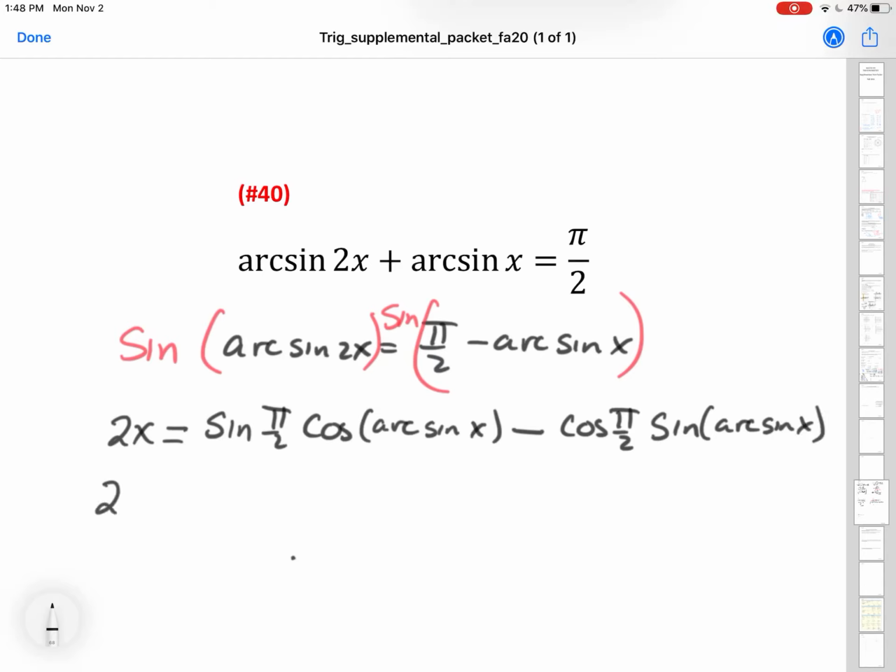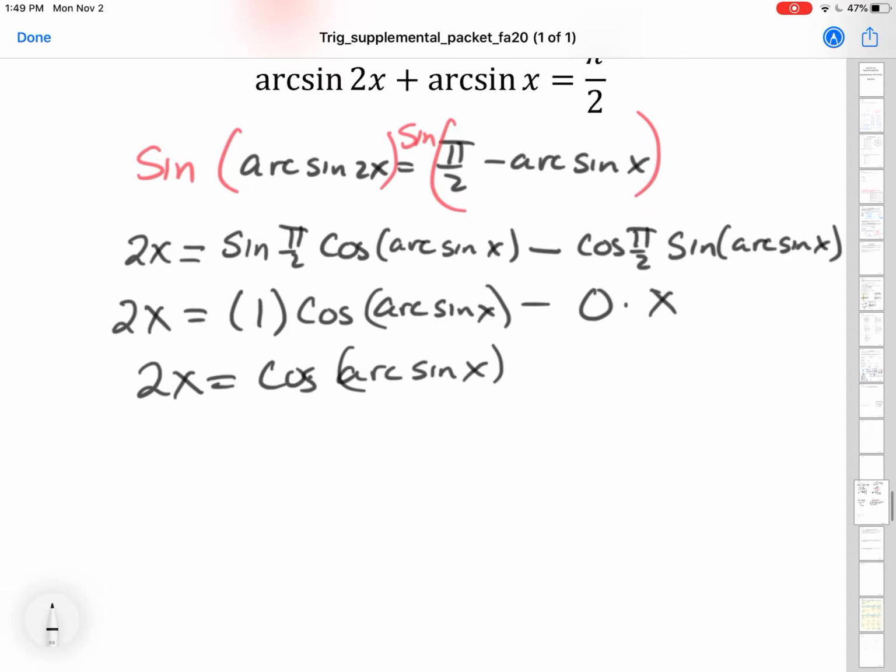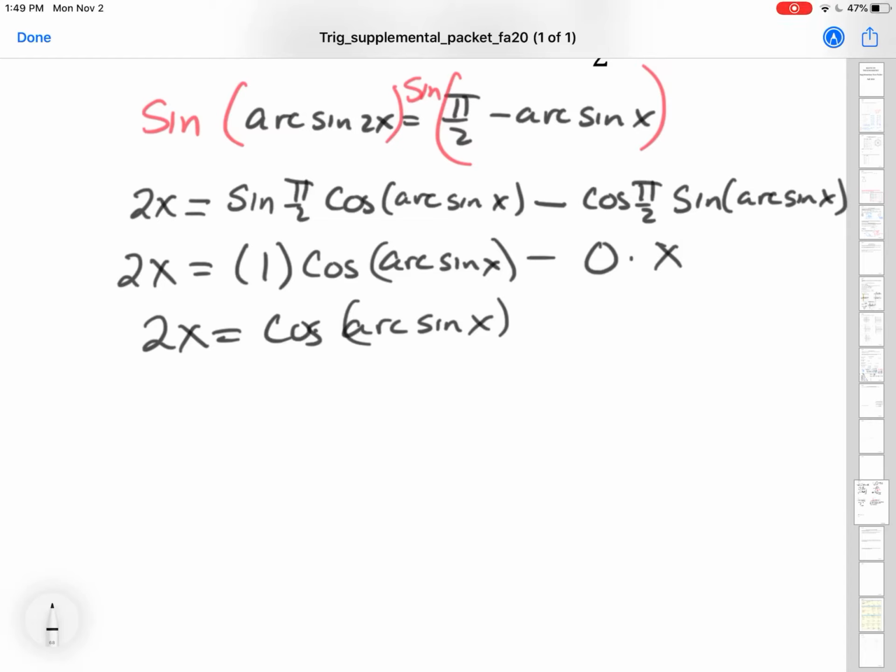So what's that? 2x is equal to sine of pi over 2, which is 1, times cosine of arc sine of x, minus cosine of pi over 2, which is 0, times sine of arc sine of x, but essentially that's 0. So we have 2x is equal to cosine of arc sine of x. All right, that's why they had you do these embedded ones before: cosine of arc sine of x.